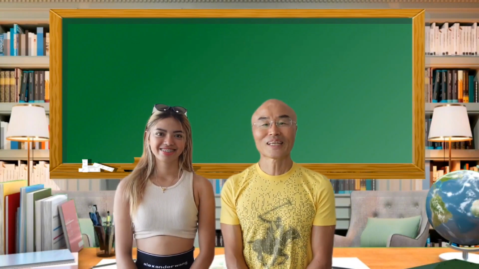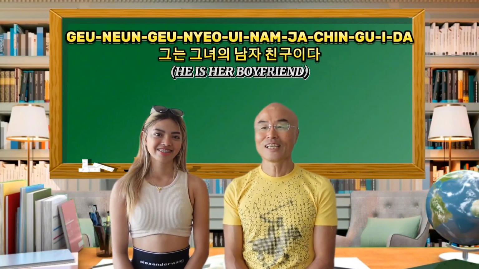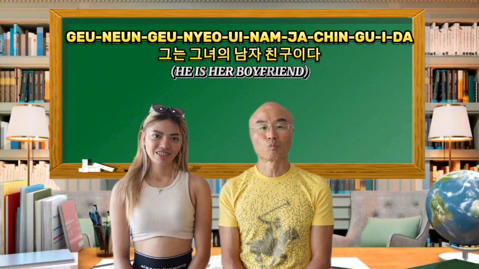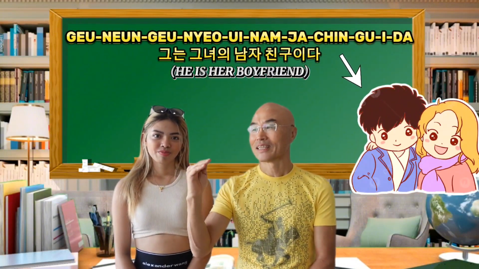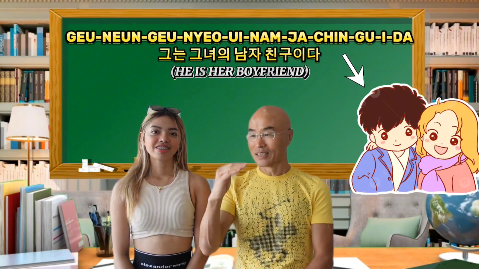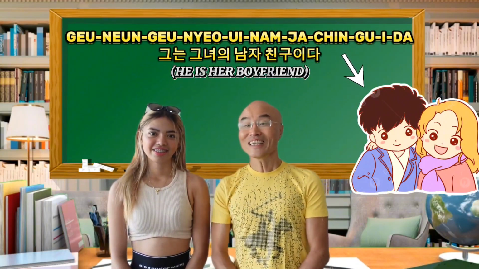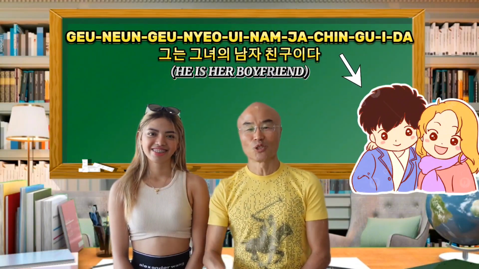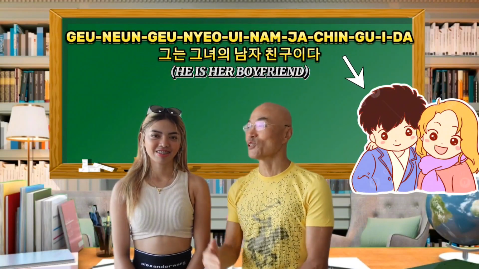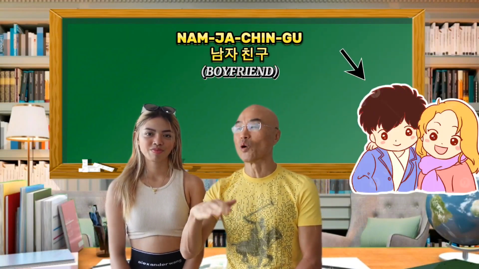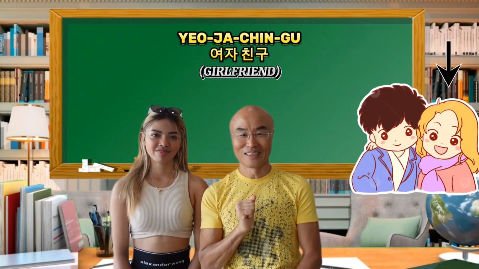Next sentence. He is her boyfriend. 그는 그녀의 남자친구이다. 친구 is a friend. 남자친구, boyfriend. 여자친구, girlfriend.